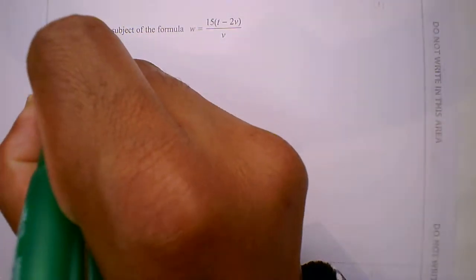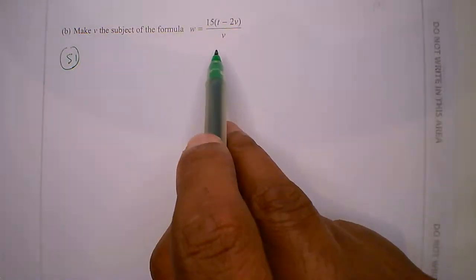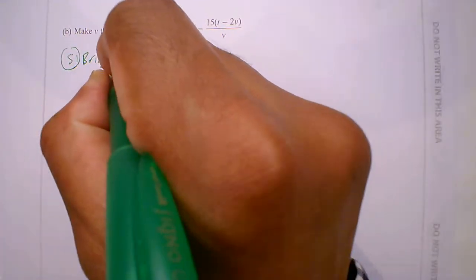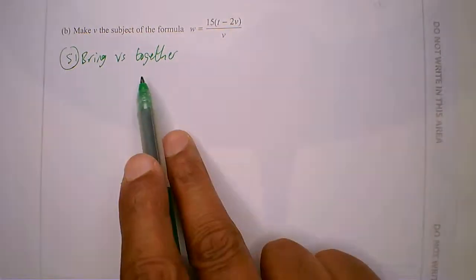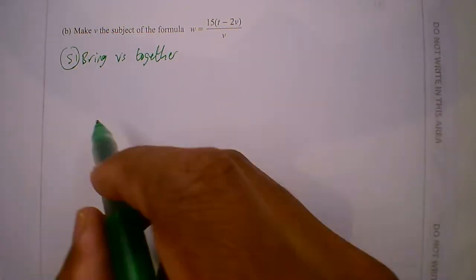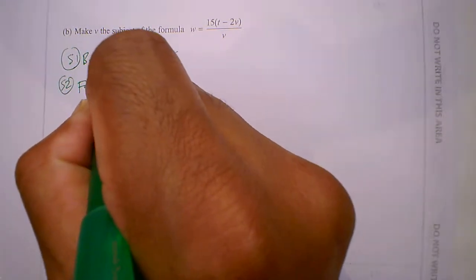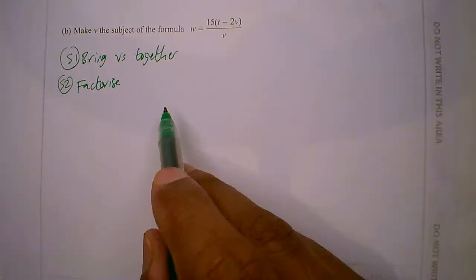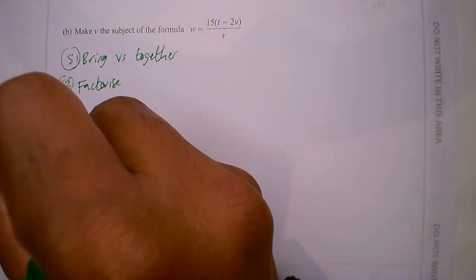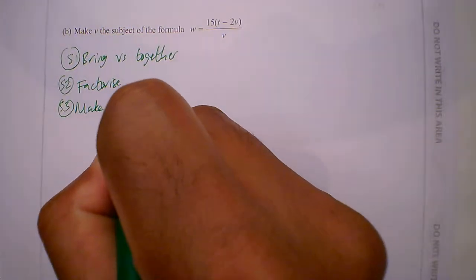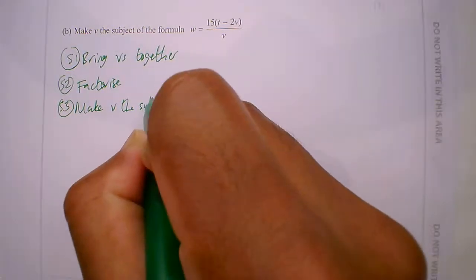So step 1, I am going to bring the V's together. Once I bring the V's together, there'll be some form of factorizing that we have to do. So step 2 is to factorize. And then step 3, make V the subject.